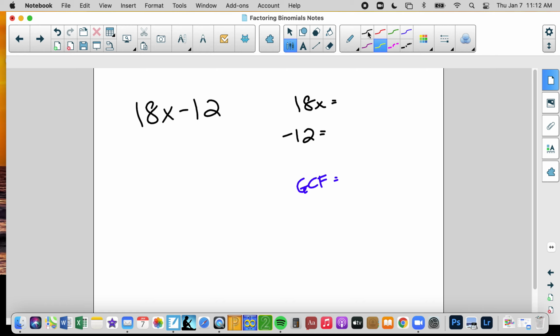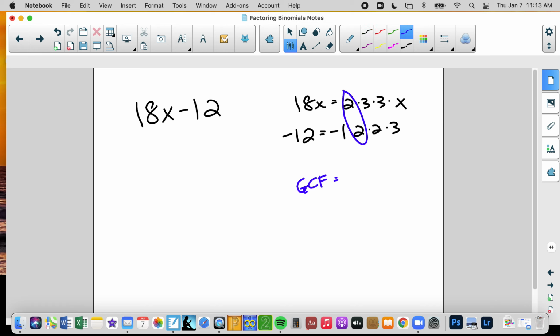So the first thing you want to do is find the prime factorization of 18x, which is 2 times 3 times 3 times x, and the prime factorization of -12, which is -1 times 2 times 2 times 3. Circle what they have in common.